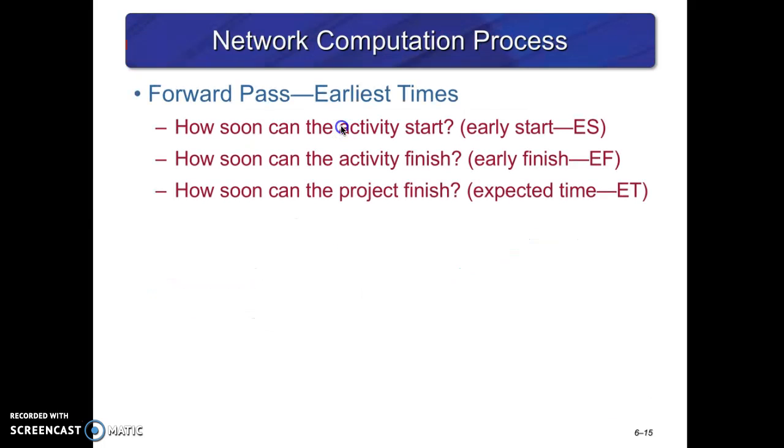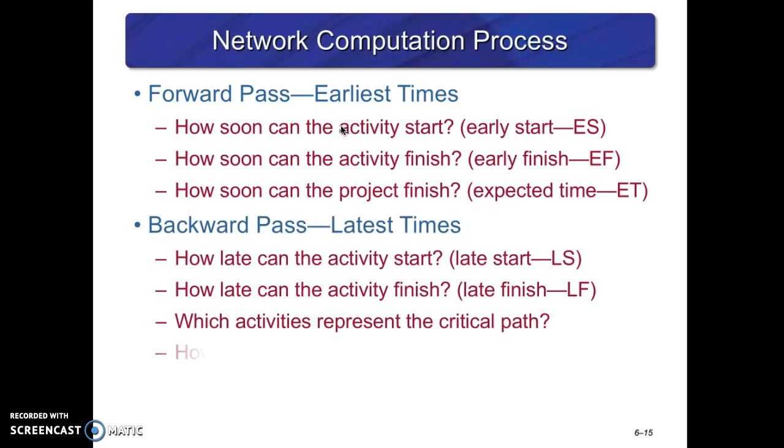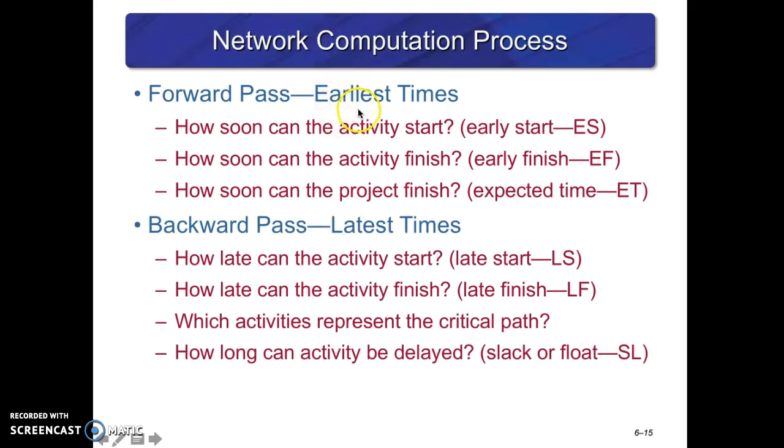The reason you do the computing process is so it can help you find the earliest time and the latest time for each work breakdown structure task. Meaning, how soon can your work breakdown structure task start, and how soon can you finish the activity? And same thing, how late can each of your tasks start, and how late can you finish?